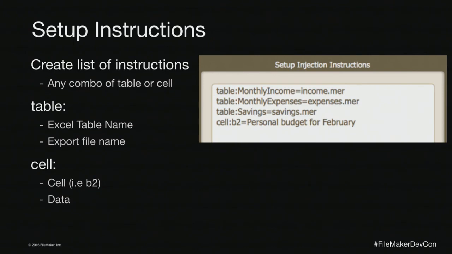So if you wanted to, you could do 100 lines of put this cell here and put that cell here and put this into that cell and put that into that cell, and you can do that. I think in many cases where you have repetitive data, you're probably better off with a table object because it's a lot less work for you to do. Nonetheless, it does give you that, and for that syntax, we're just saying cell colon as a keyword, and then the name of a cell, for example, B2, and then whatever data you want to inject into that cell.